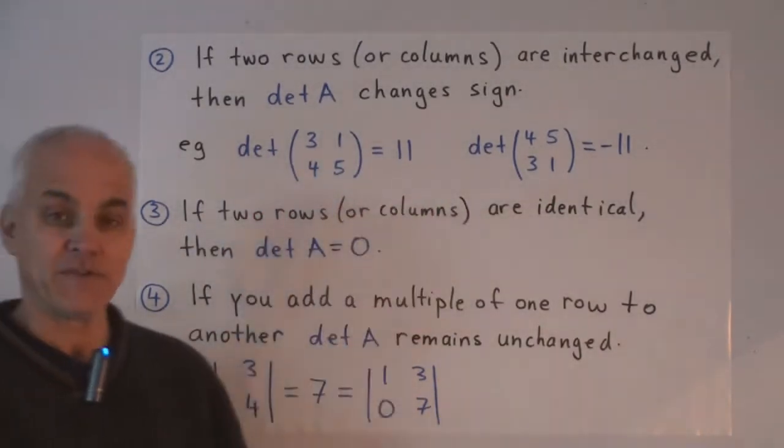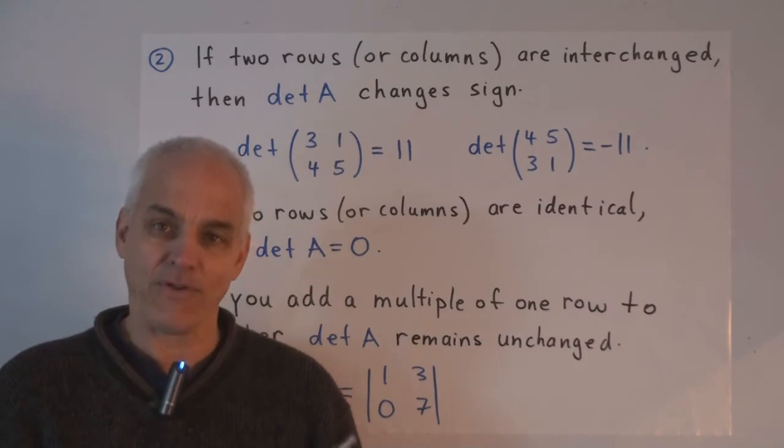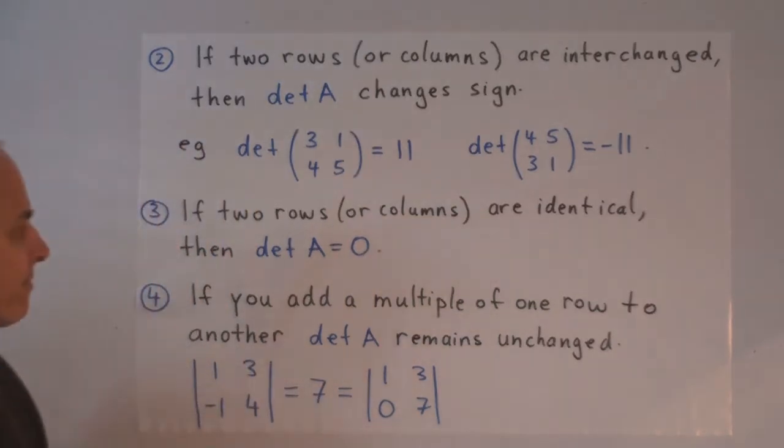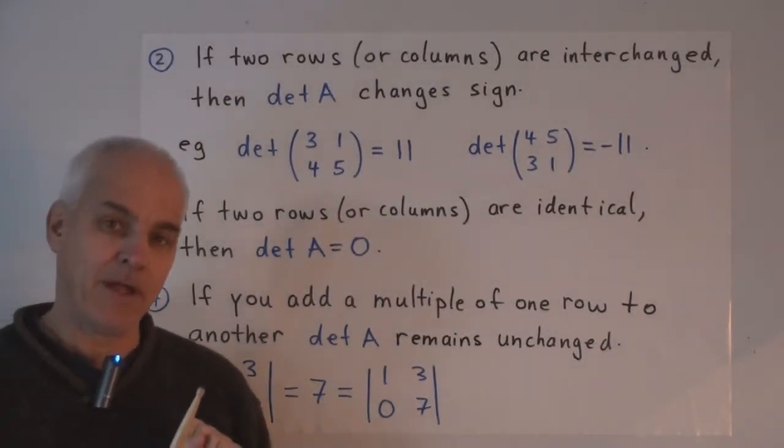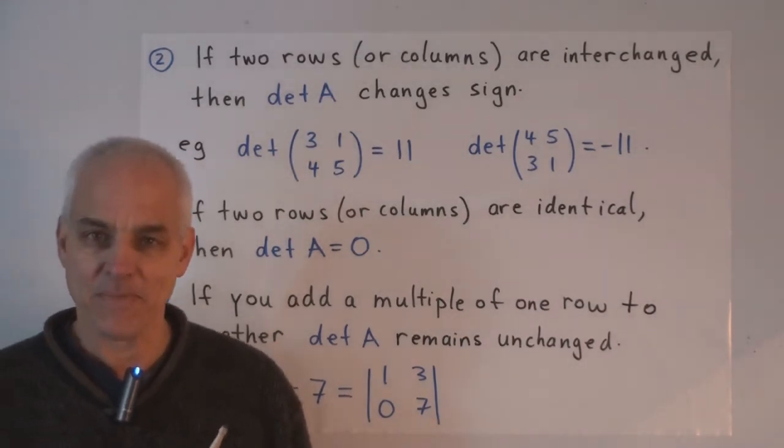And that rule works not just for 2x2 matrices, but also for 3x3 or 4x4 and so on. As a consequence of that, if two rows happen to be the same, then the determinant must be 0. Why is that?